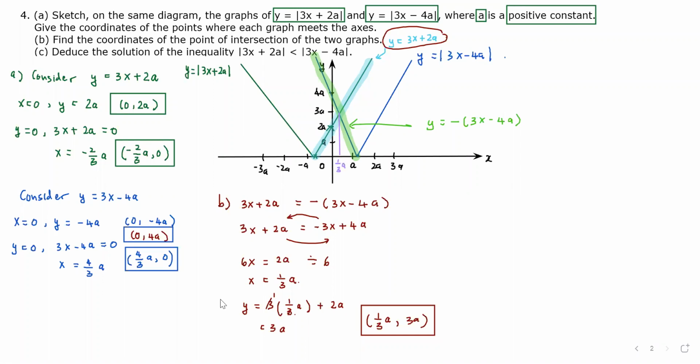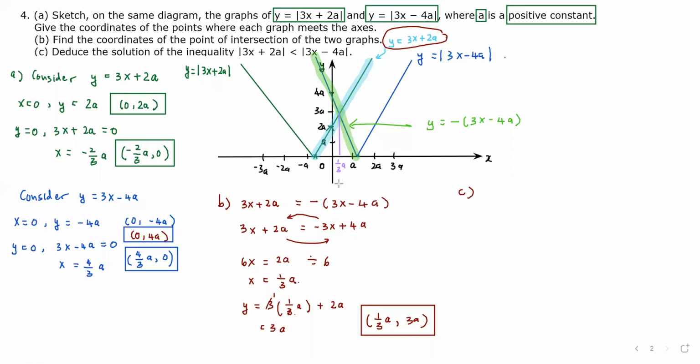For part C, we need to deduce the solution of the inequality. We need this graph, the modulus of 3x plus 2a, to be below the graph of the modulus of 3x minus 4a. Look at the point of intersection.